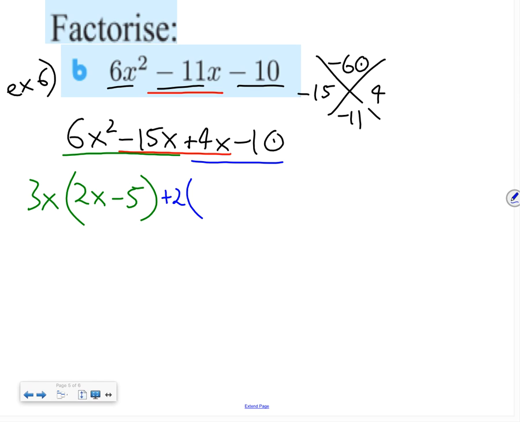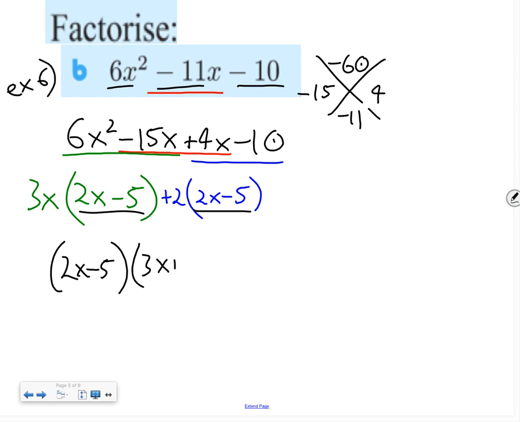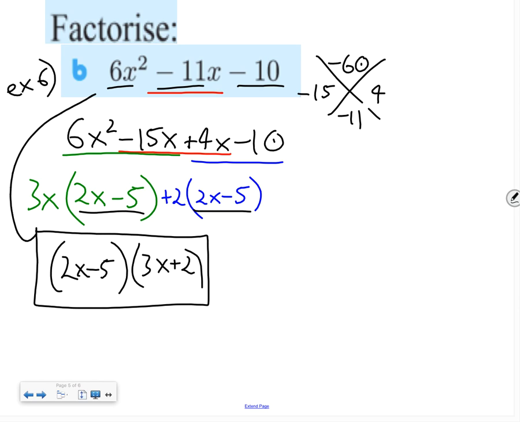And I get a 2x minus 5 here. I know this is good because this is equal to that. And I factor that out. 2x minus 5 times the quantity of 3x plus 2. And I'm done. So that is the factorization of that quadratic.